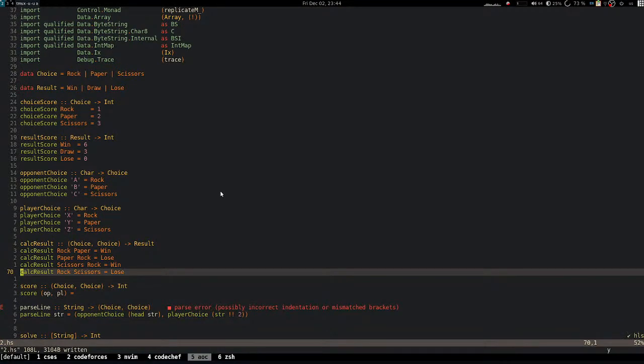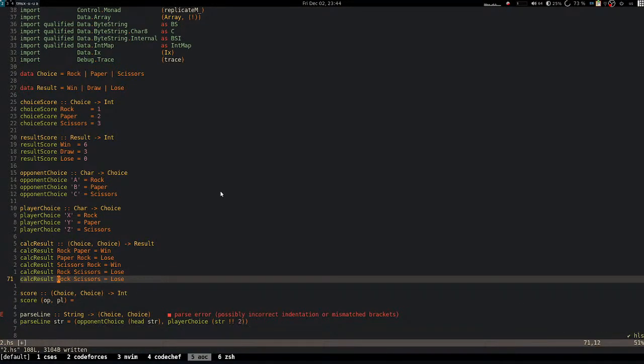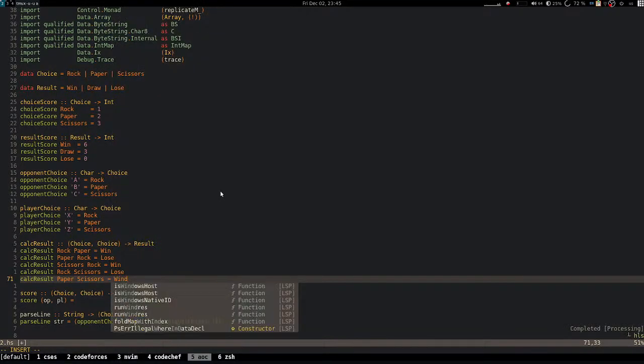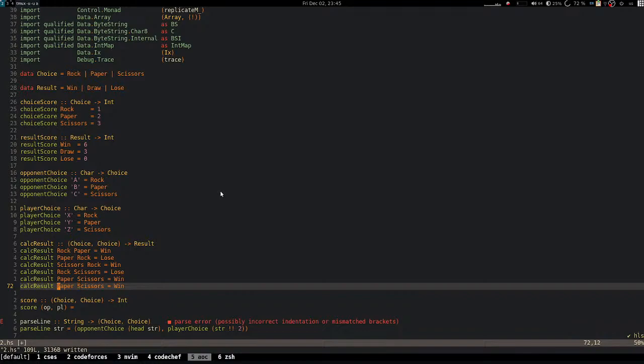Then paper and scissors is a win, and the opposite is a loss, of course.